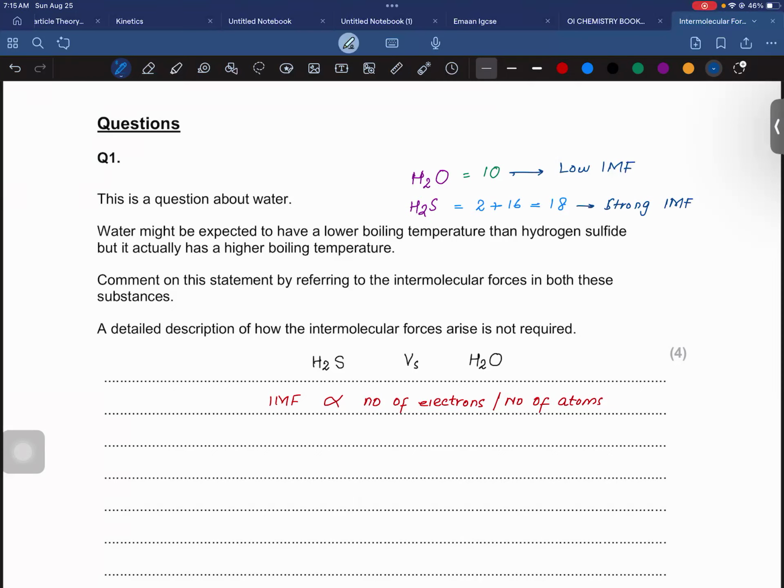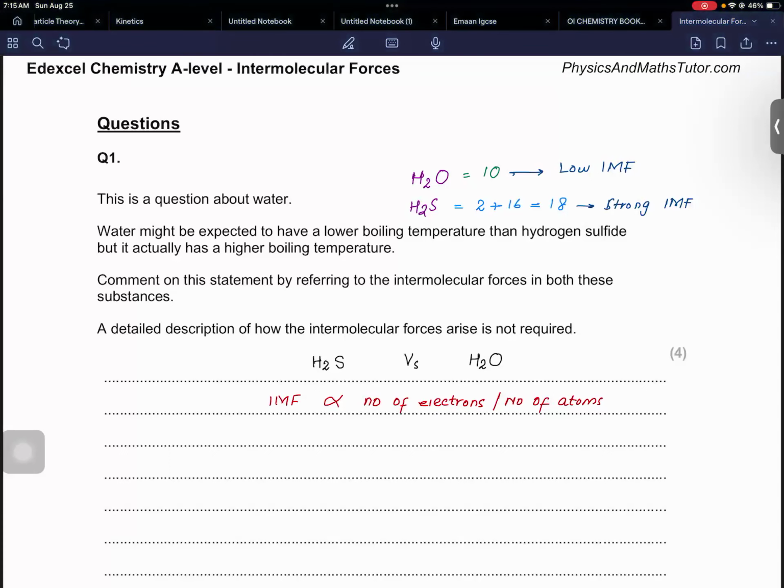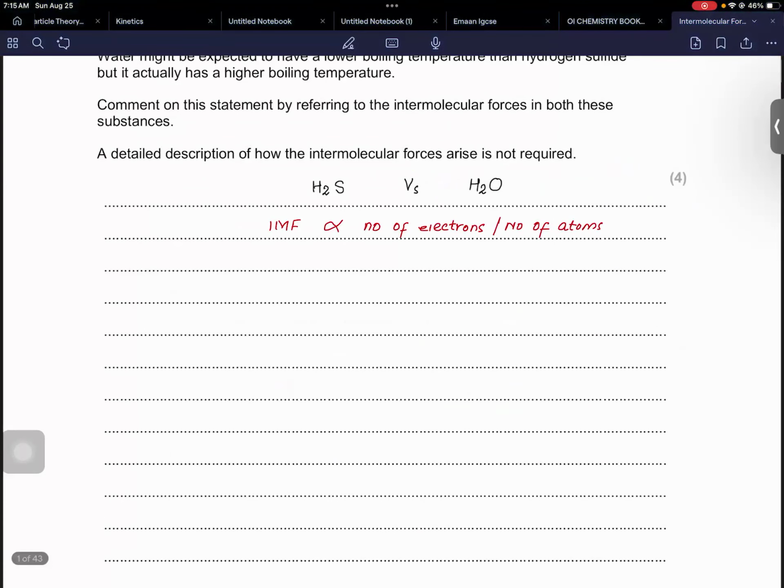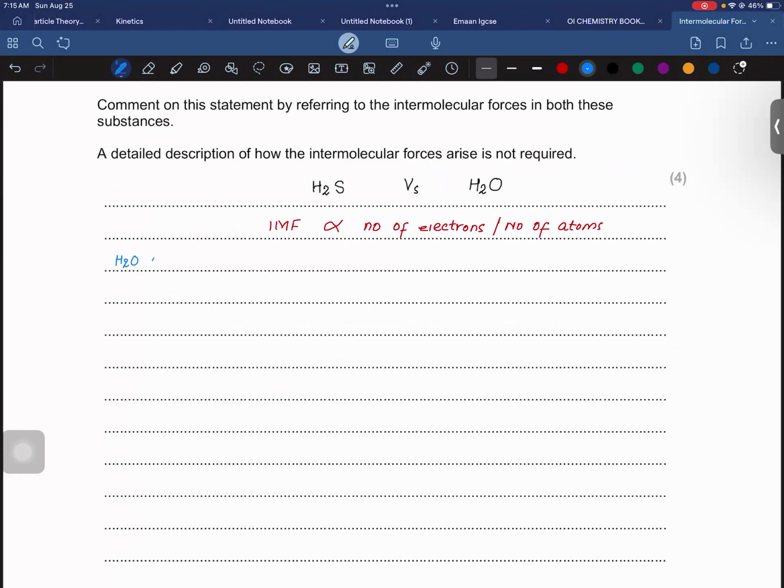So you can say that water is expected to have a low boiling temperature, because water has fewer electrons.